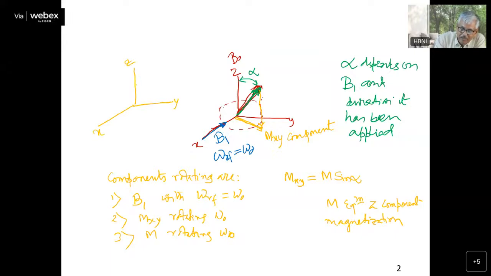Now let us say you tilted the magnetization by a little bit. So initially it was here. This is your M, and now you tilted it a little bit. When it is along the z axis, it apparently looks as if it is not rotating. It is rotating, but since it is along the z axis, there is no apparent rotation.